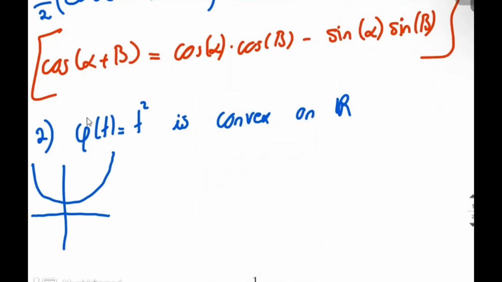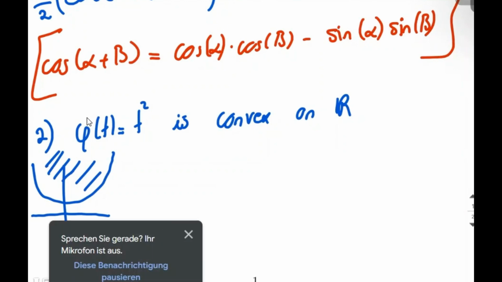Basically, if you could pour water you can view it like some sort of a container, and if you put water in it, it will not slip anywhere. That's basically roughly the idea of it. That it always points upwards. It has positive curvature.